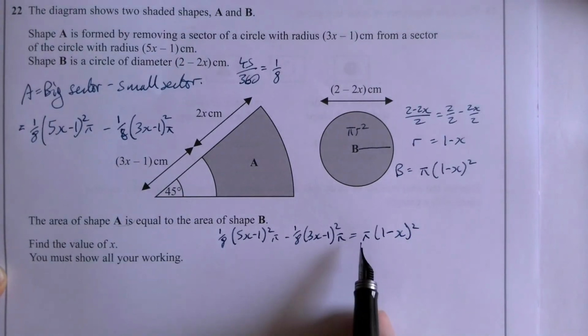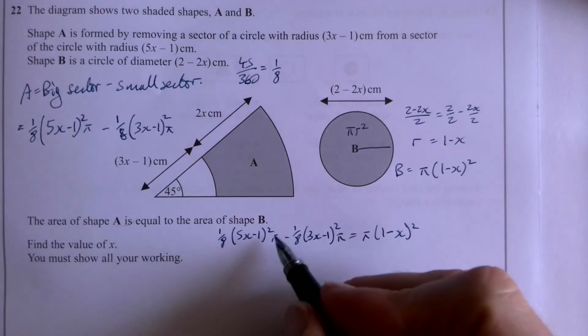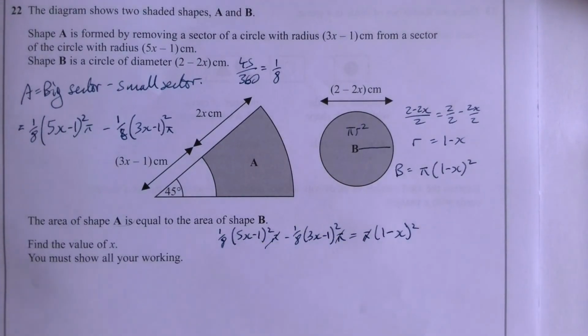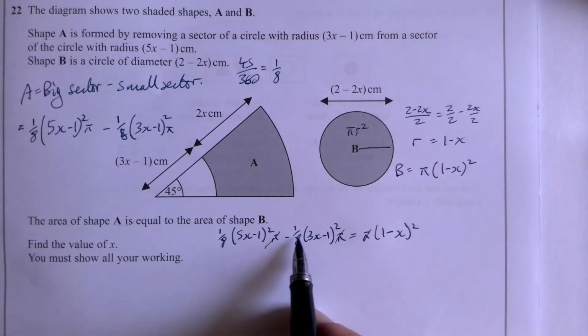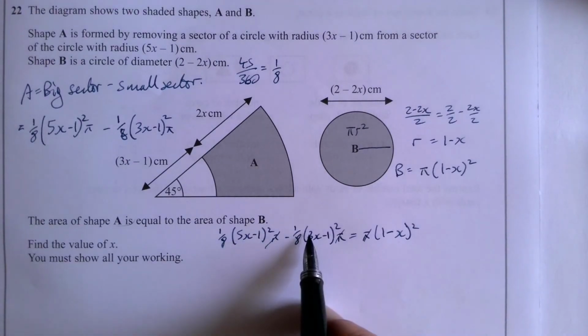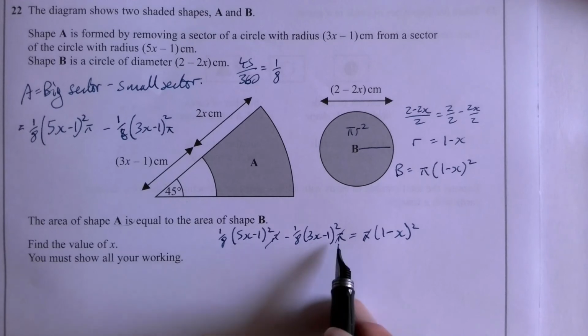Now you may have noticed everything is being multiplied by pi, so I can get rid of the pi's. I can divide everything by pi and ignore that. Next up, because I've got an 1/8 of both of those, I could kind of take a factor of that out.